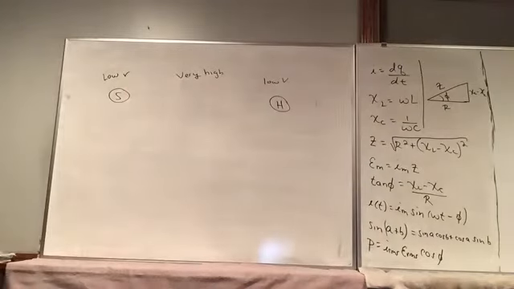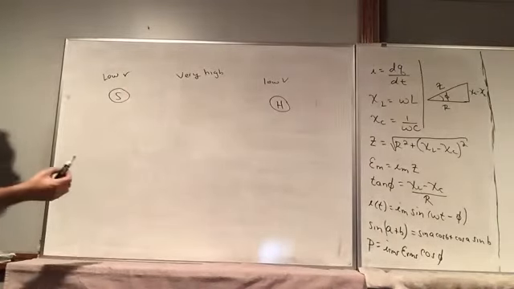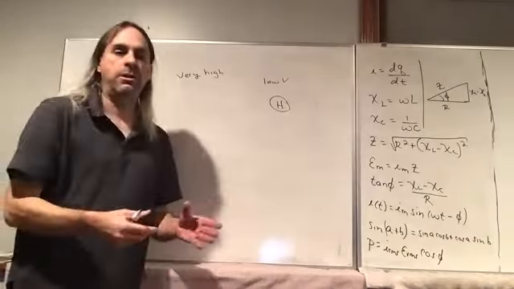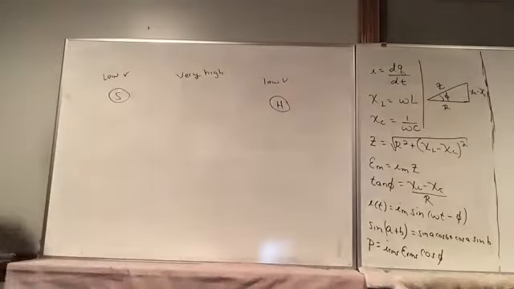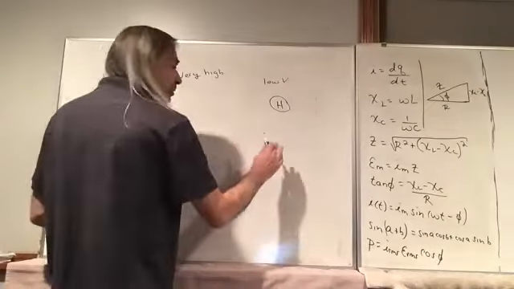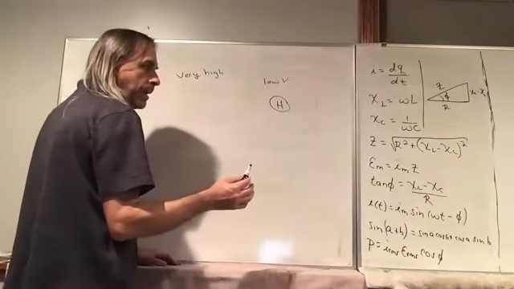And so we use transformers. The transformer has a primary and secondary, and you can increase or decrease the voltage as you see fit by adjusting the turns ratio. I erased the equation for transformers.